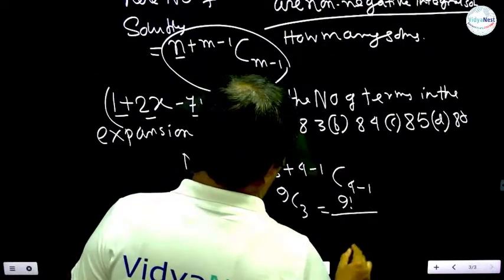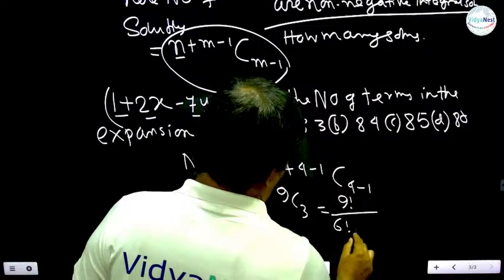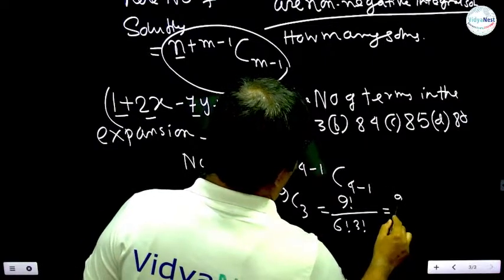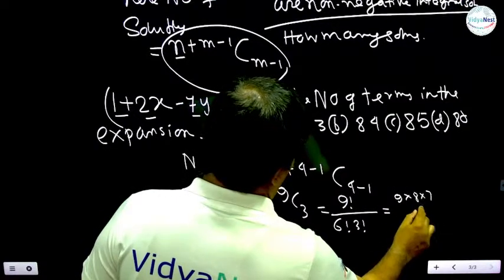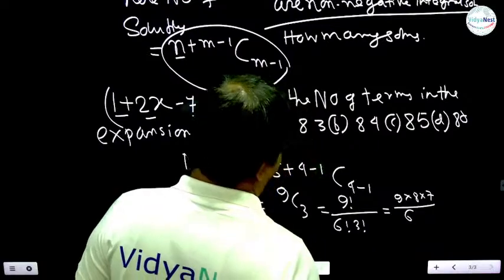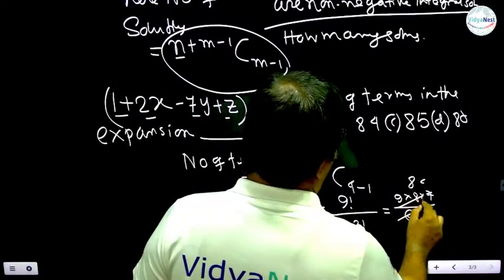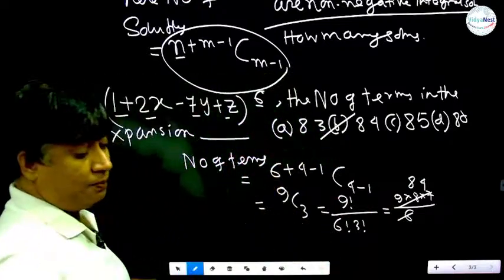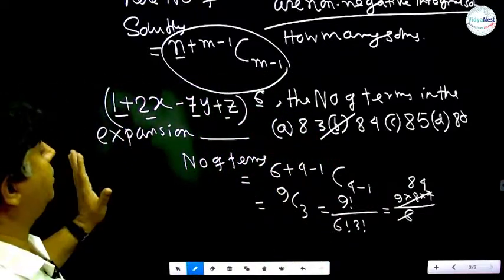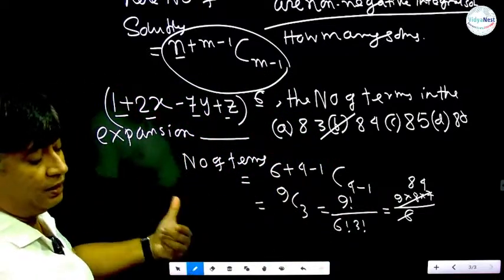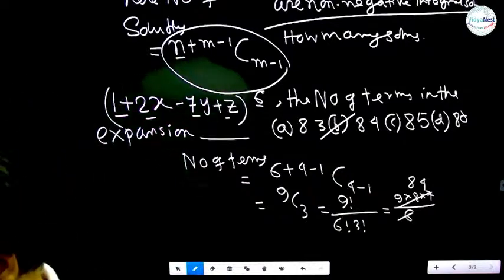Factorial 9 by factorial 6, factorial 3: 9, 8, 7 by 6. So 84. After cancelling everything, we got 84. So in a short span, if once I know this formula, we can get the answer. Understand? Yes sir.